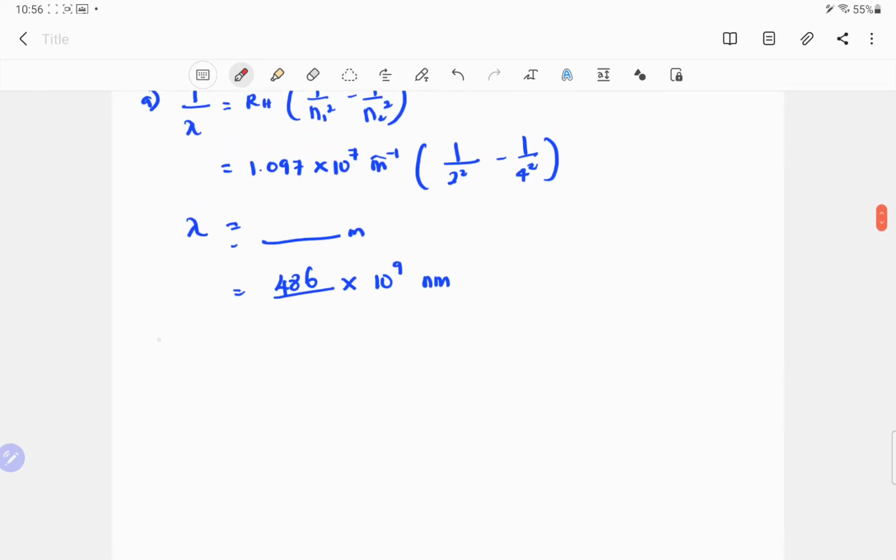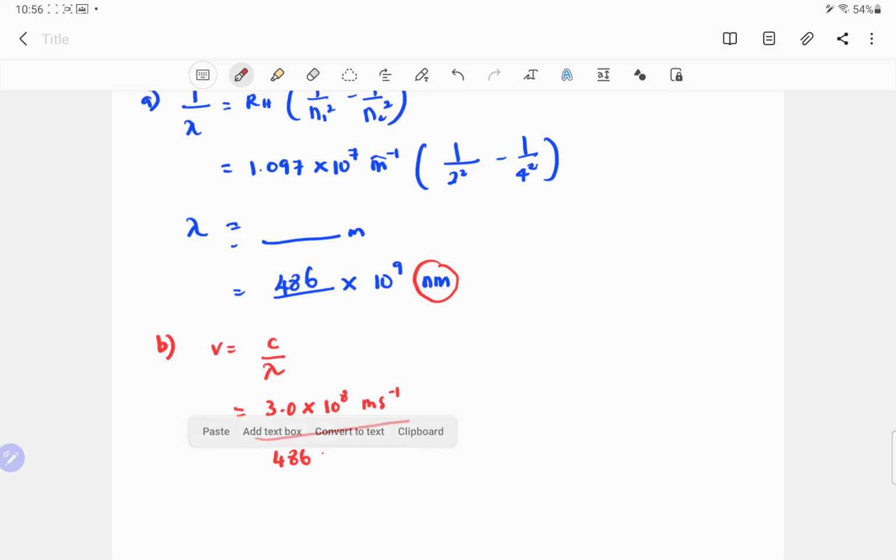So for B, v equals c over lambda. C is a constant, the speed of light, 3 times 10 to the power of 8, in unit meter per second, over lambda. But this lambda cannot use nanometer. How can nanometer cancel with meter? It cannot. So we must take it in unit meter.